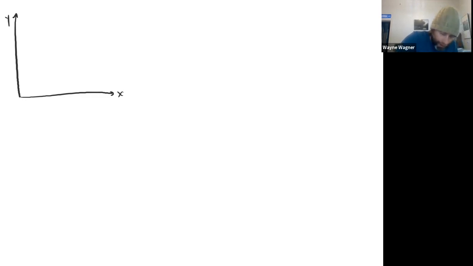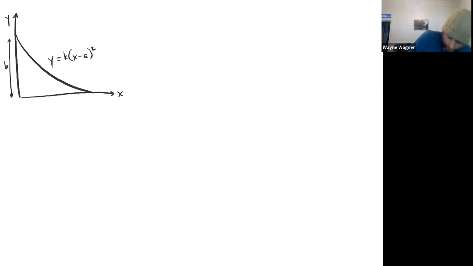We've got some shape that looks like this. And y equals k(x minus a)squared. And this would be b, this is a.